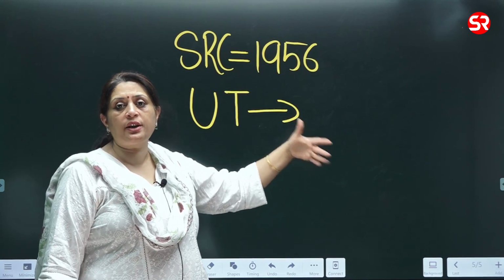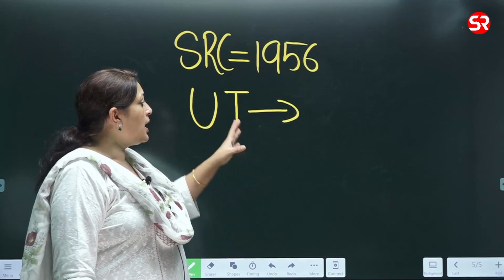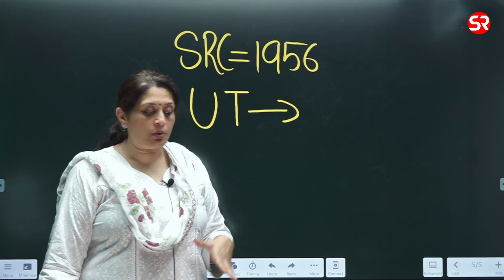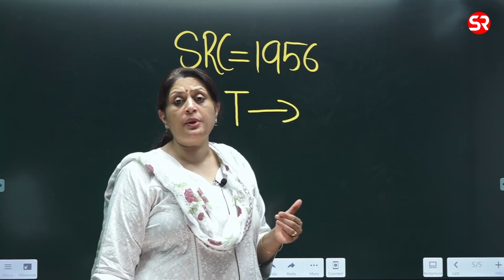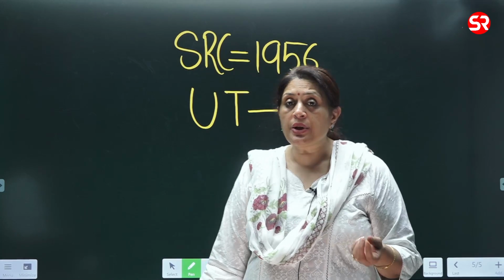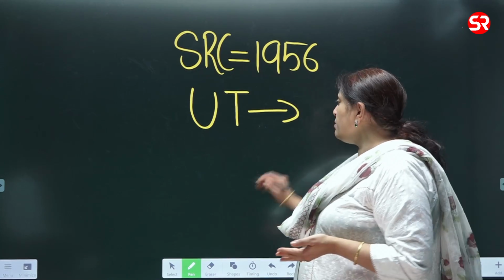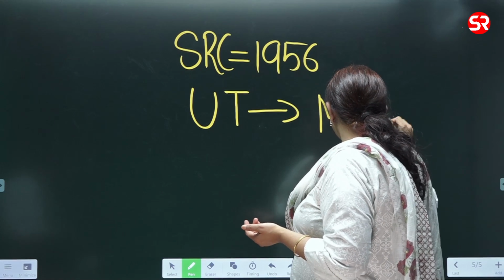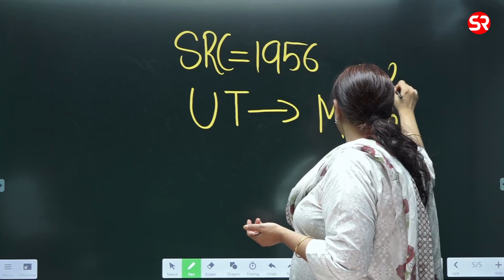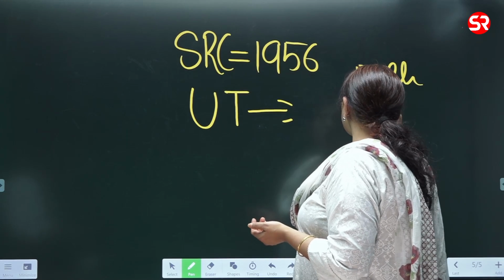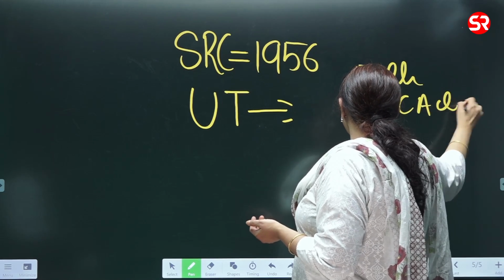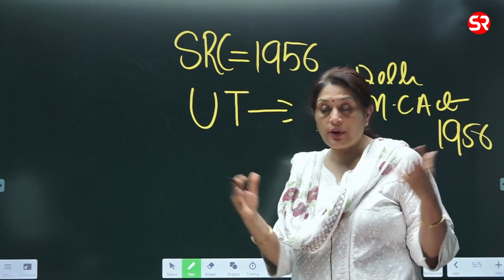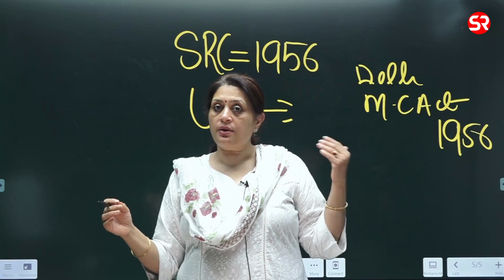Abolition of the legislative assembly has also happened, and finally, for giving people some sort of accessibility to governance, the Delhi Municipal Corporation Act came into existence in 1956, which was also in the news in recent times.